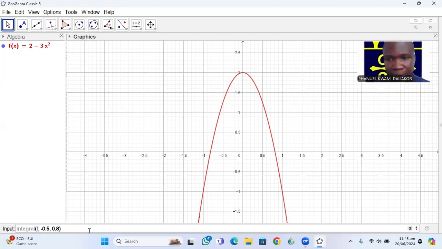Okay, this is what we have. So the area under this curve covered by the range negative 0.5 to 0.8, we have 1.96 as here.